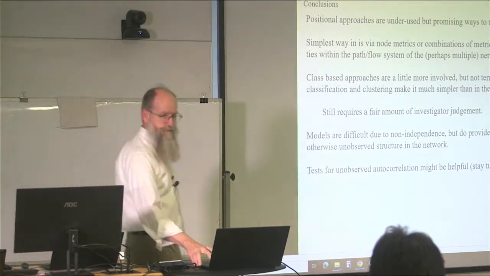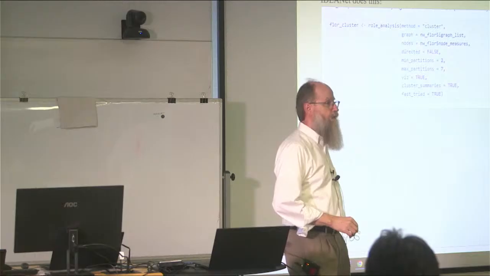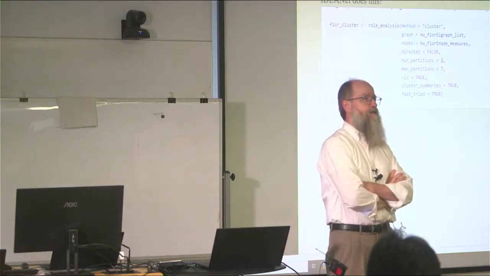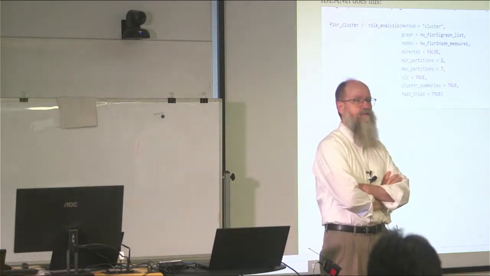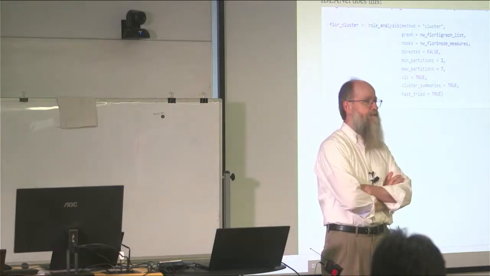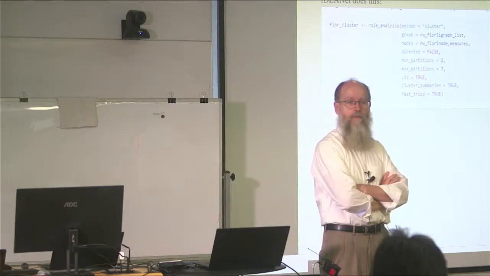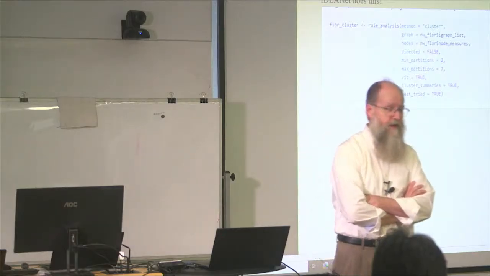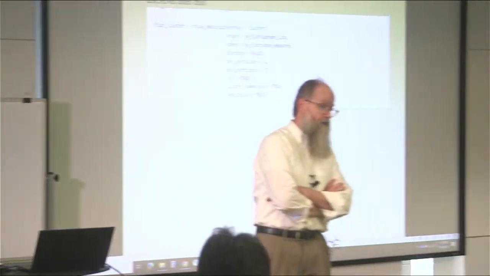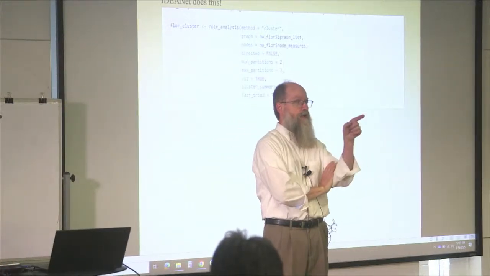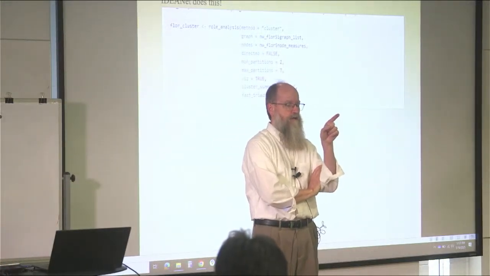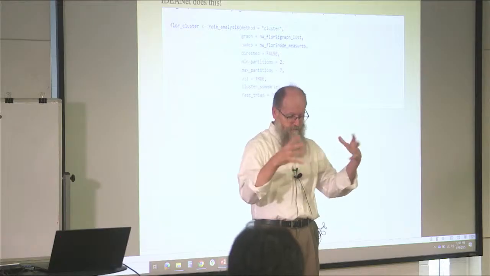Questions or comments? Thoughts, concerns? Just to double check, that's on CRAN? Yes, with documentation, fantastic. Everything's on CRAN, including some really remarkable vignettes that Tom put together for the role analysis.